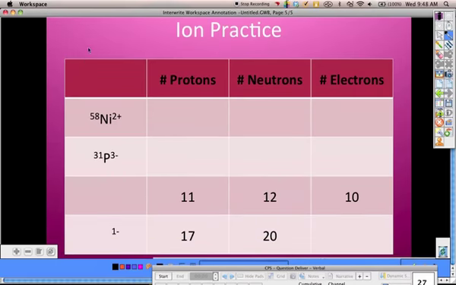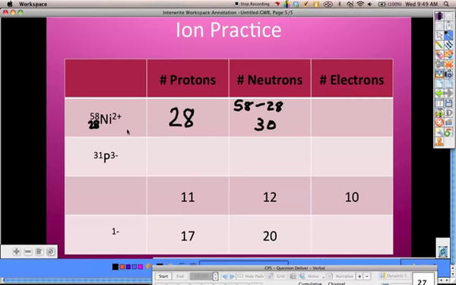So, nickel, looking at the periodic table, has how many protons? 28, yeah, I heard it, thank you. 28 protons. So I can put my bottom number here as 28. My mass number, it says here, is 58, so my neutrons is 58 minus 28, which is what? 30, yeah.